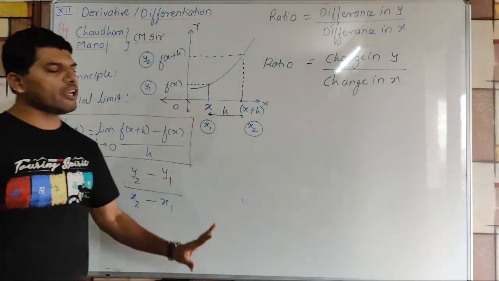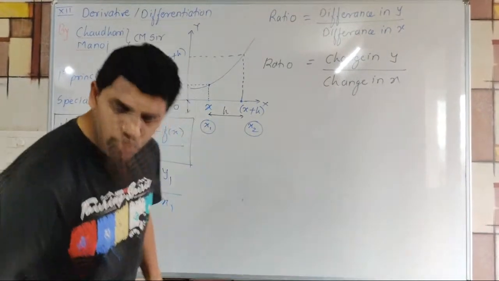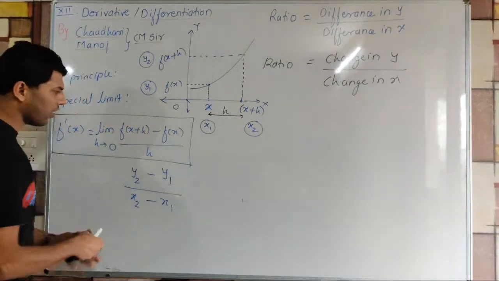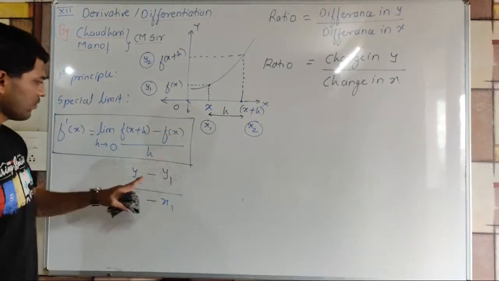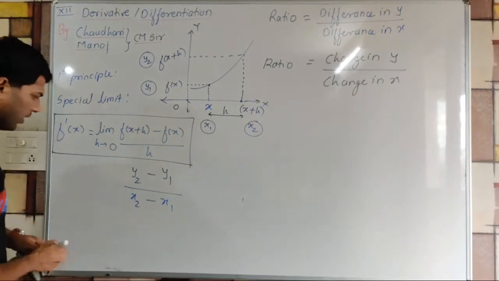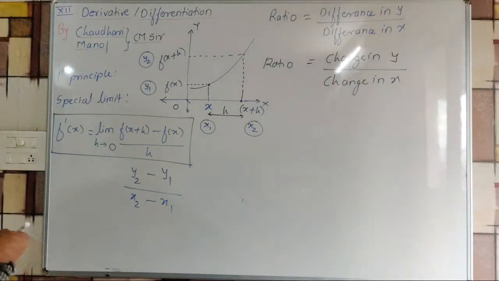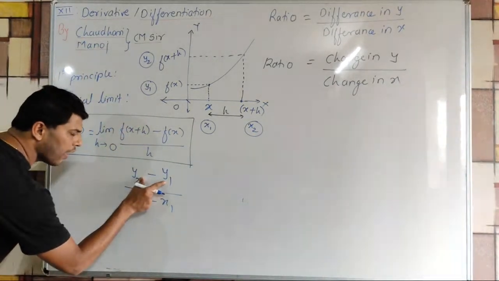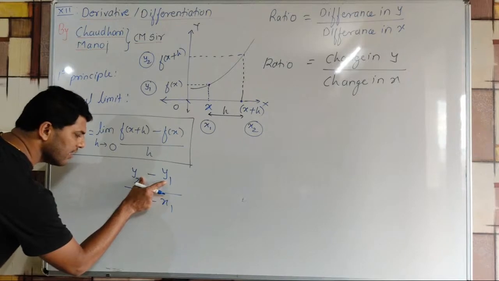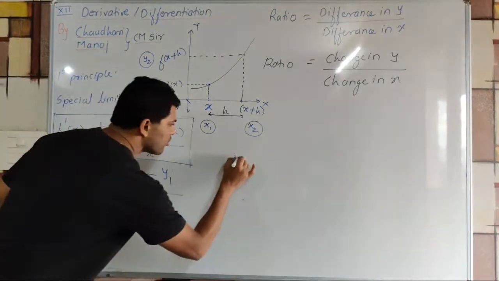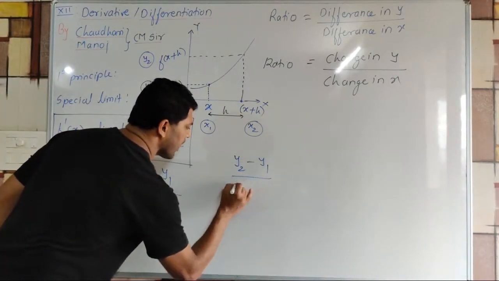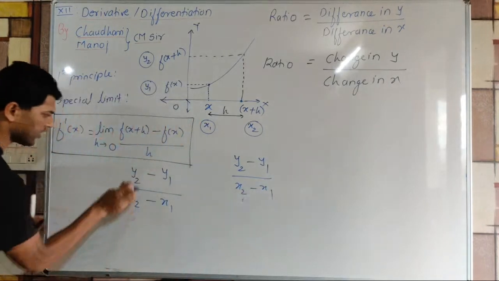There is one more notation for the derivative, which was there in a previous year. If you recall, this is y2 minus y1 divided by x2 minus x1.